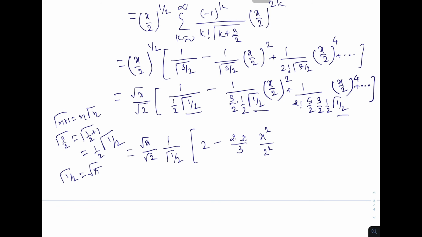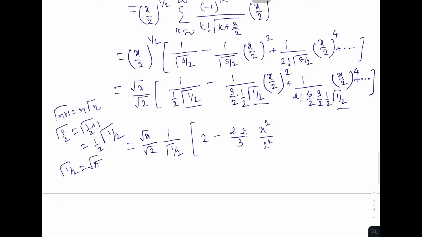Then plus, this gamma 1 by 2 we have taken outside, this 2, so 1 2 here you can cancel. This is 2 into 2, 5 into 3, x power 4 over 2 power 4, and so on.